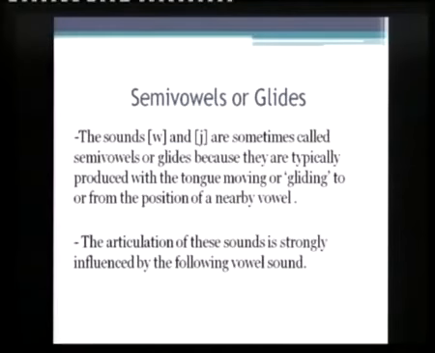Let's continue. Because they are typically produced with the tongue moving or gliding. You know what glide means? It's produced with the tongue moving or gliding to or from the position of a nearby vowel. You have to understand the sounds wa and ya are greatly affected by the following vowel.